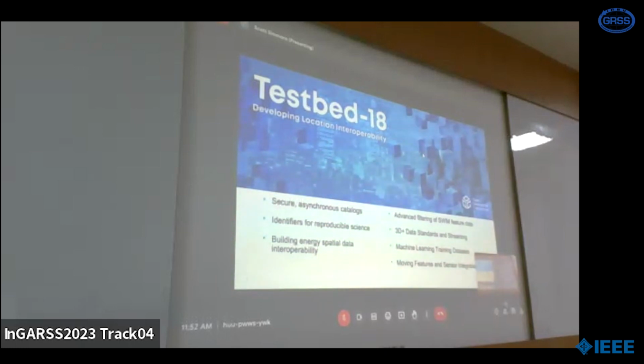There was another interesting one: moving features and sensor integration. If I were to track a moving object in a video feed, and that video feed is referenced to the Earth. So someone has a camera, in this particular case on a ship, pointed at the ocean, and is looking for small, unpiloted drone ships, maybe operated by terrorists. How do I track those features in real three-dimensional space over time?